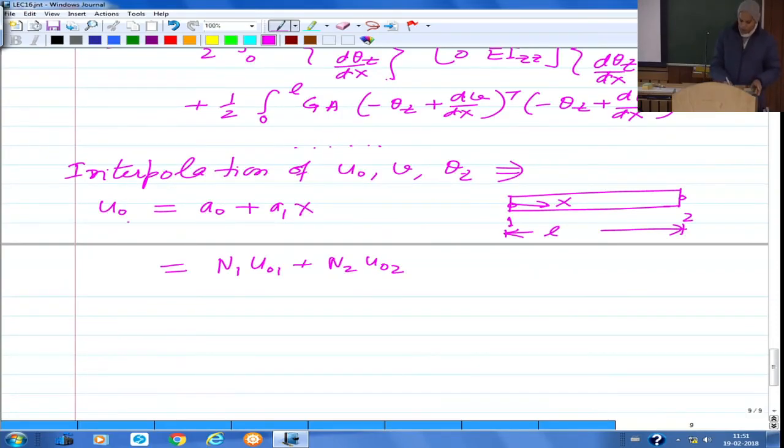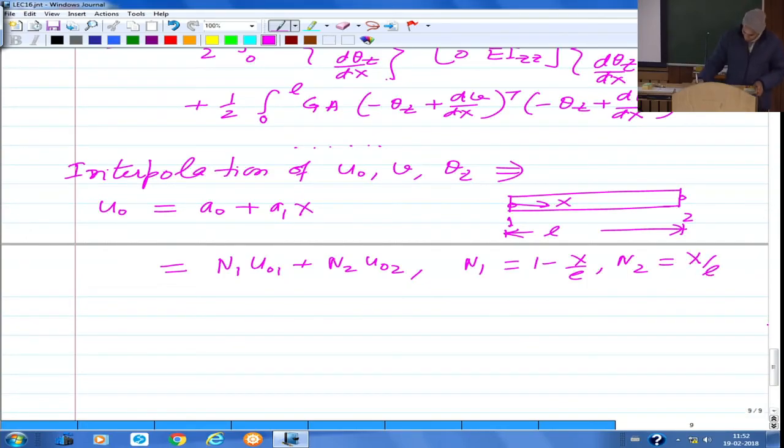It's the same thing: u naught 1 is equal to a naught and u naught 2 is equal to a naught plus a1 l. Solve for a naught and a1, put them here and collect the coefficients of u naught 1 and u naught 2. This is what you get, where N1 is nothing but 1 minus x by l, and N2 is x by l.